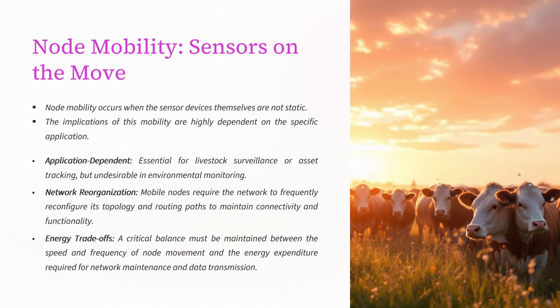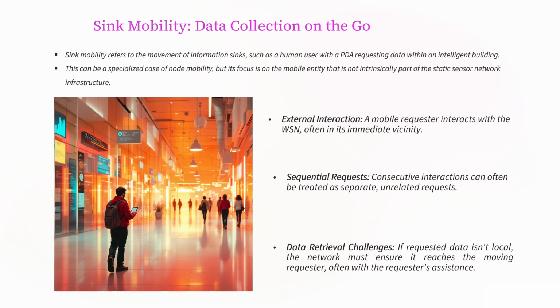So there will be network reorganization all the time, and we have to maintain an energy trade-off as the animal moves from one place to another. There will be energy utilization all the time, which has to be managed so that we can collect the data sufficiently without any loss. And the next one is sink mobility.